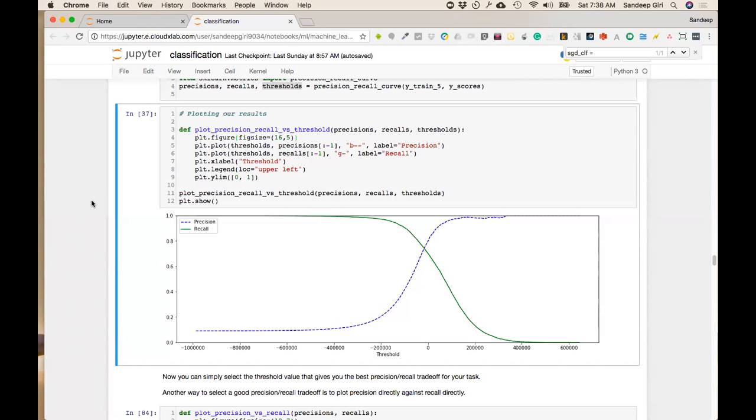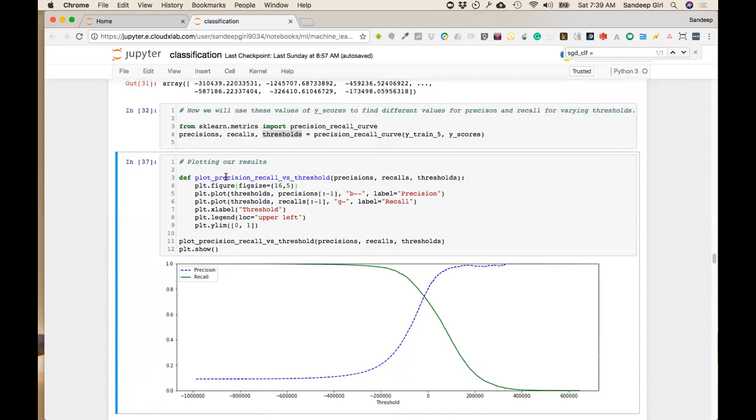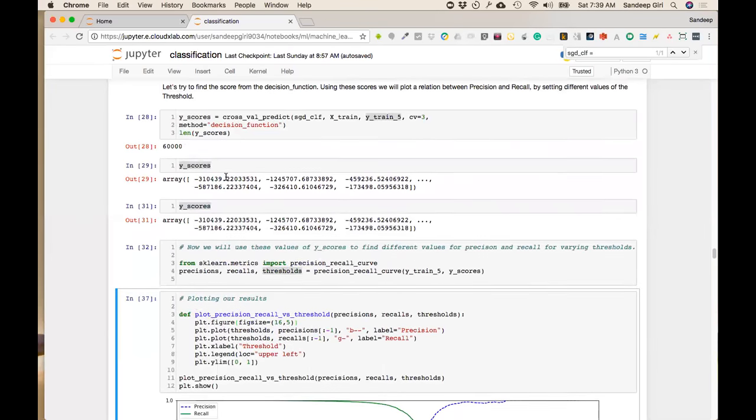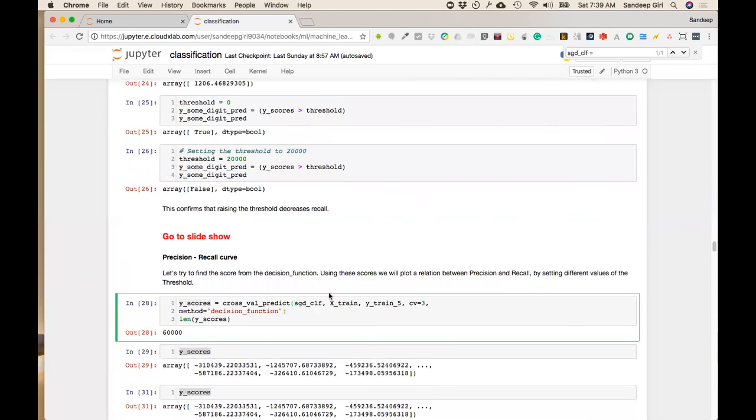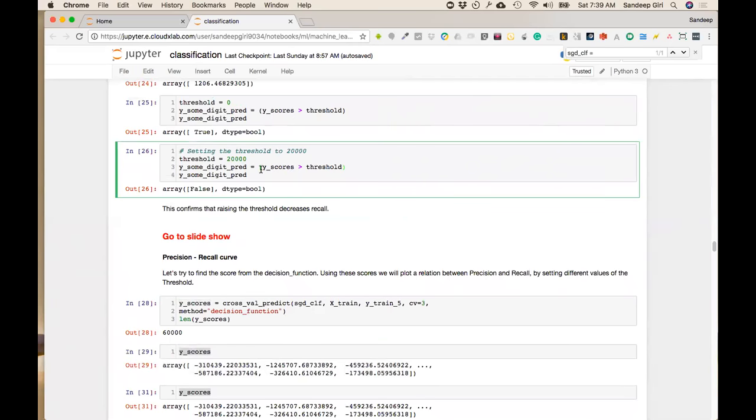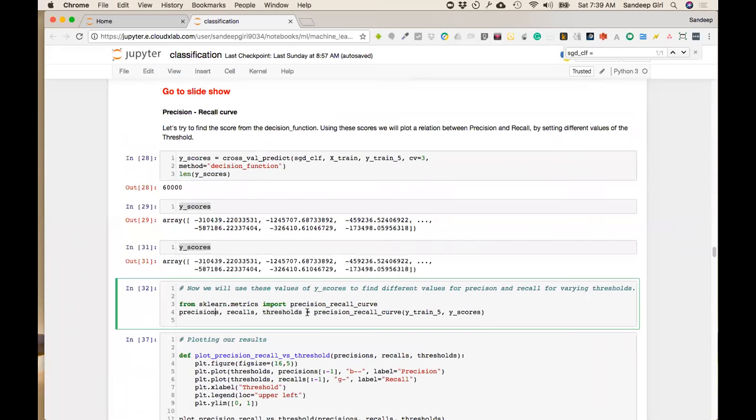A question from Gopi: what do y_train_5 and y_scores inside the brackets mean? I think you got the answer, line number 32, thank you. So what was y_train_5?